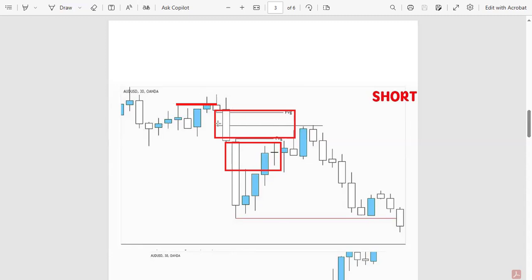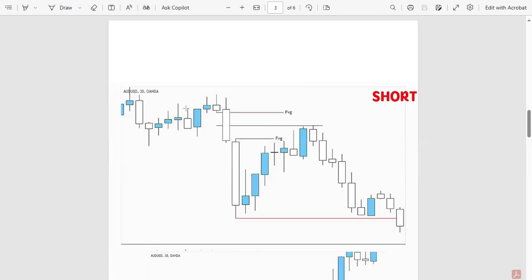The next thing is whether there is any overlapping point of interest. If you look at this, the first one does not have any overlapping point of interest, but this one here has it, and it is in a premium level.